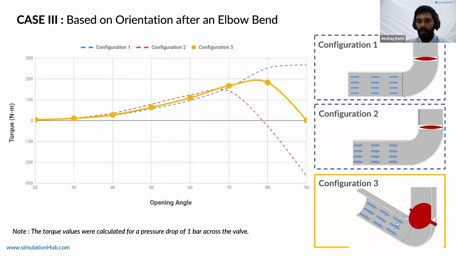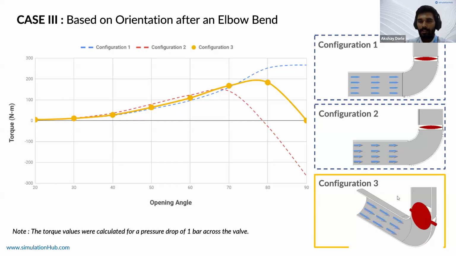In configuration 3, we have the axis in the vertical direction, and it's almost like the valve is slicing through the velocity profile at full opening. So the forces are balanced completely on the right side and the left side of the valve.